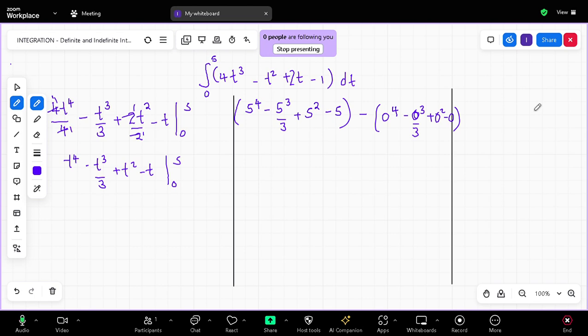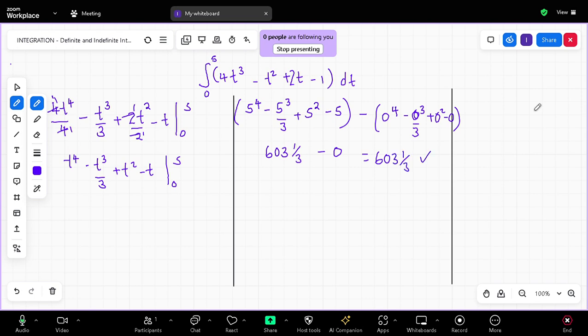So this is going to get you 603. When you use the calculator, you get 603 and a third, then you subtract 0. So the upper limit is 603 and a third, the lower limit is 0. So the final answer is 603 and a third.